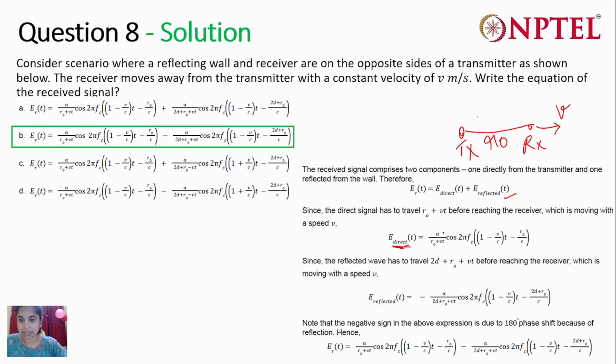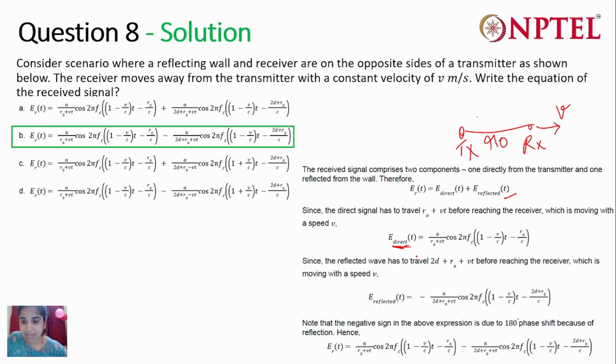So the attenuation will be alpha divided by the distance traveled, which is r naught plus vt, into cos of 2 pi fc into (1 minus v by c) into t, since the receiver is moving with velocity v, minus tau, the direct delay component, which is just r naught by c.